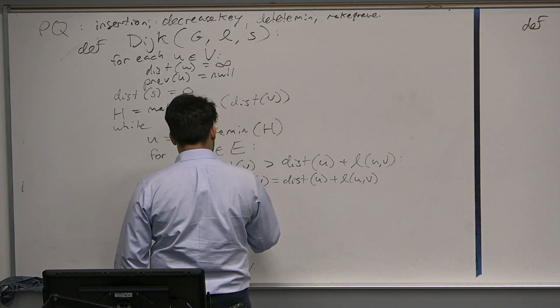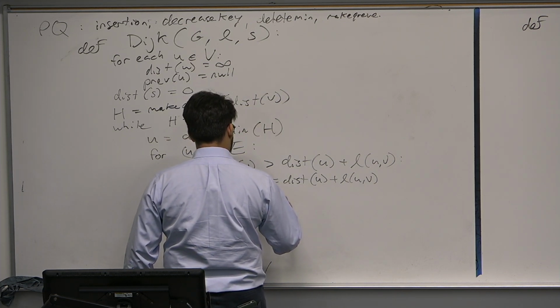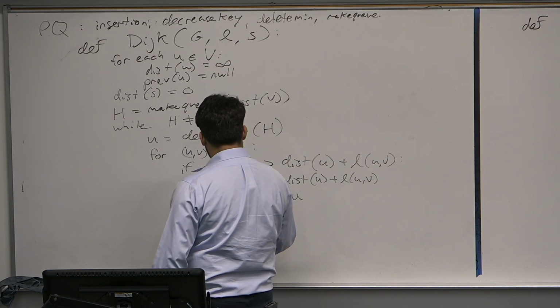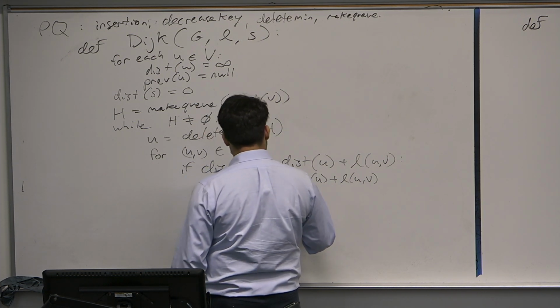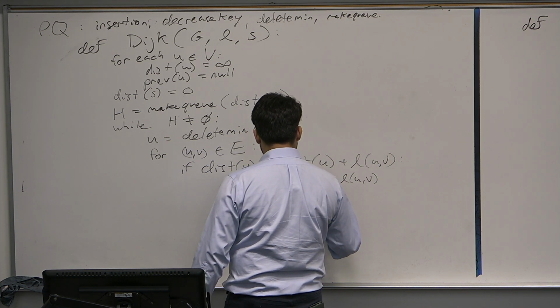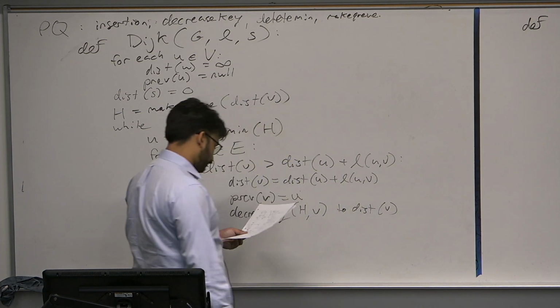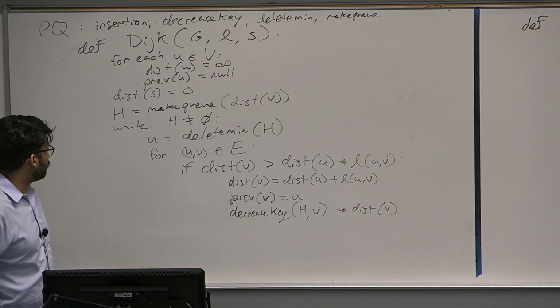Set the back pointer prev of v, and then we're going to decrease key of v in the queue to dist v. All right, that's it. That's all Dijkstra's is.